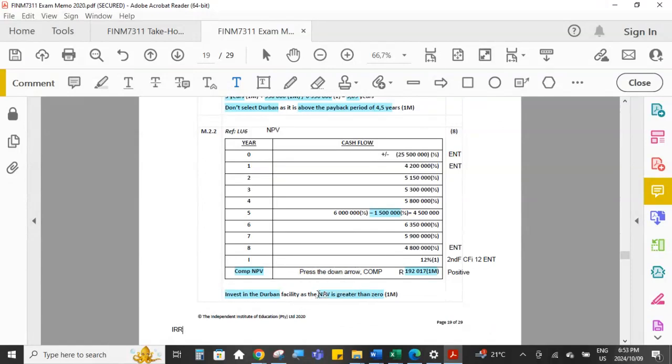IRR stands for internal rate of return method. The answer is a percentage, which I'm going to call the intrinsic percentage profit of the project.